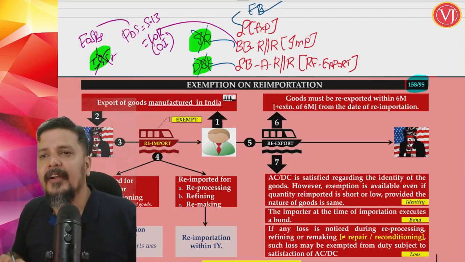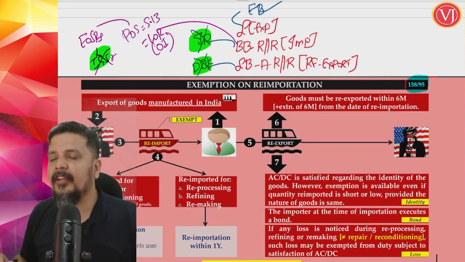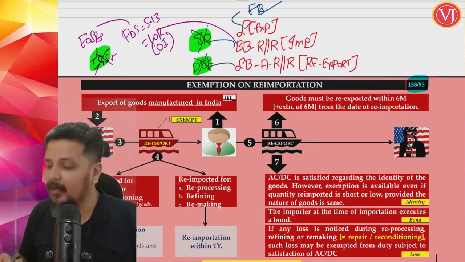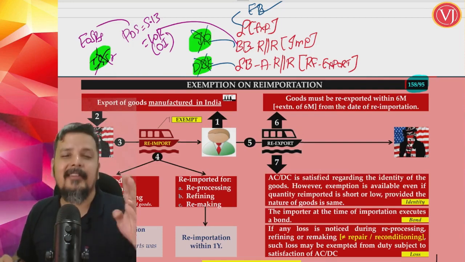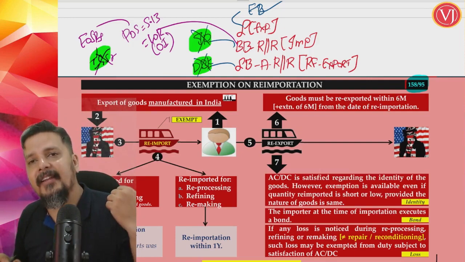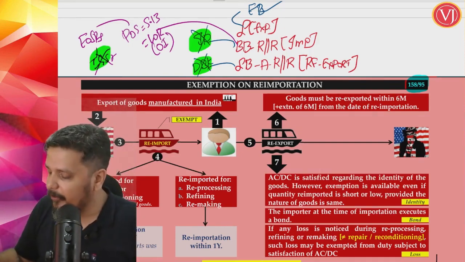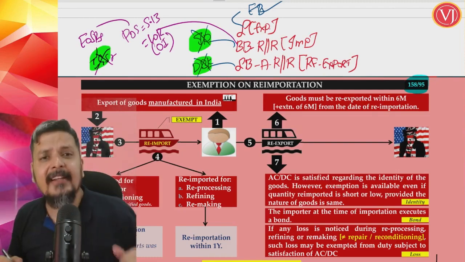This is the entire concept of your notification 158/95. Just understand this concept of destination based consumption tax was right there from the beginning in Indian taxation. So you are talking about a notification which belongs to the year 1995.